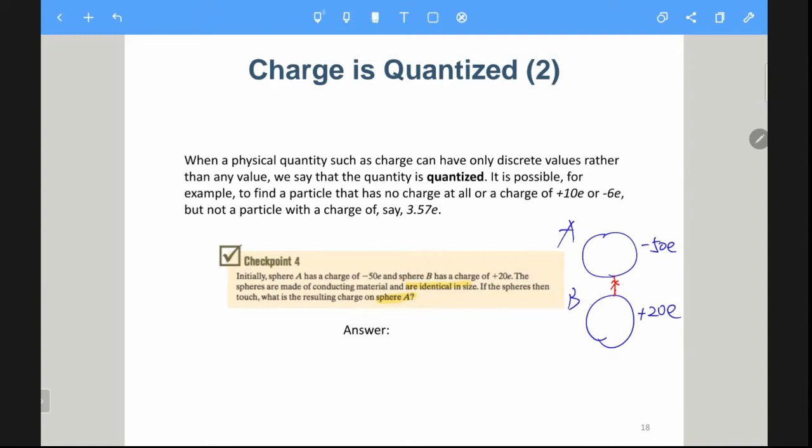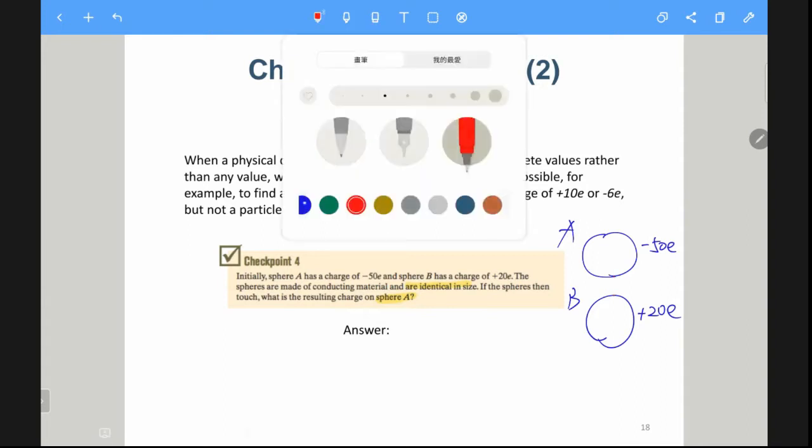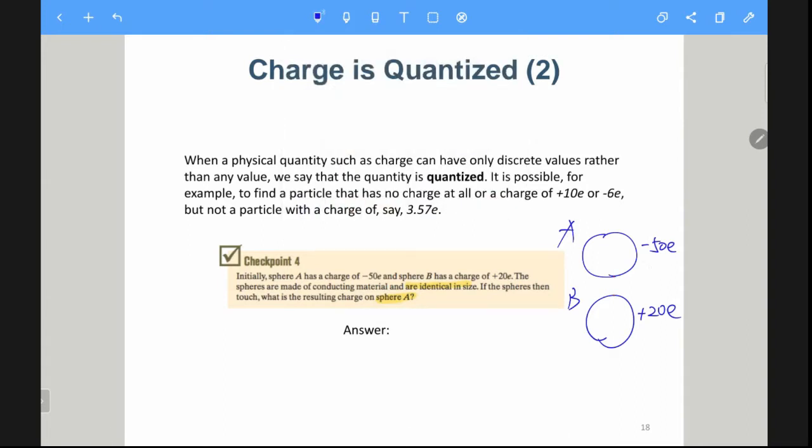So this question will be easy. The total charge here is nothing but minus 50e plus 20e, which is minus 30e, right?